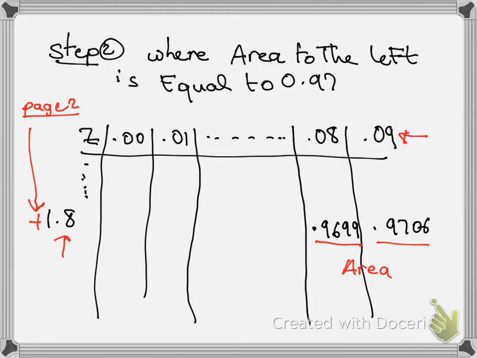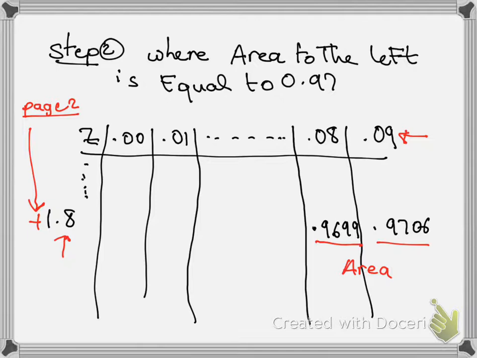So where the area to the left is equal to 0.97, here you have 0.9699 and 0.9706. Which number is closest to 0.97?